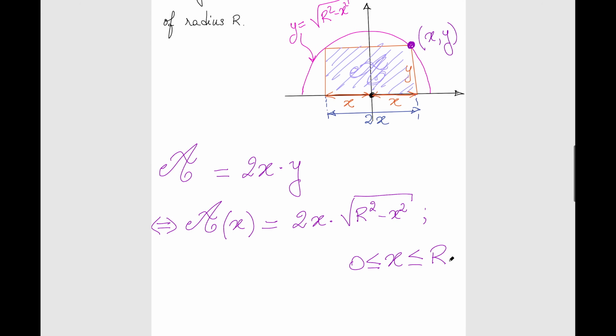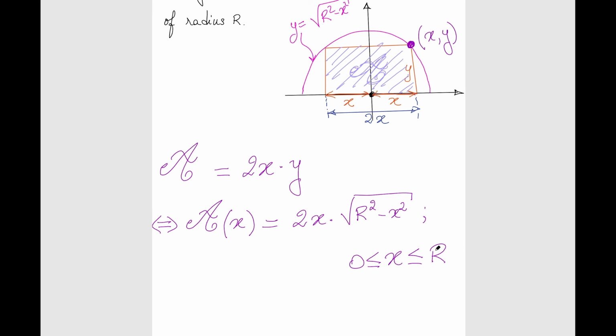All right, makes sense? So how are we going to start? Well, by the extreme value theorem, we know that A is going to attain an absolute maximum on [0, r], because this interval is closed and bounded. So I'm looking for something that exists. How are we going to find the value where A attains its absolute maximum?